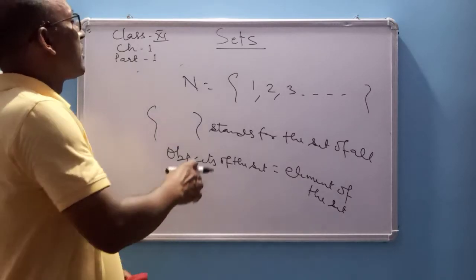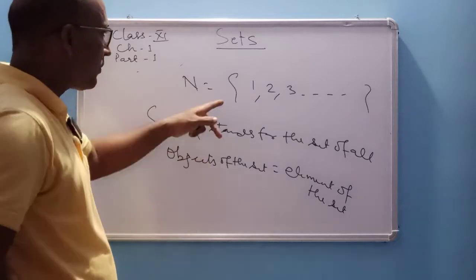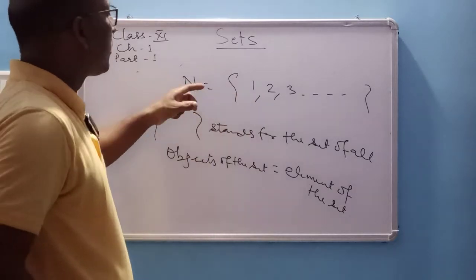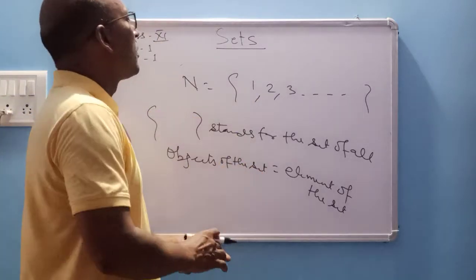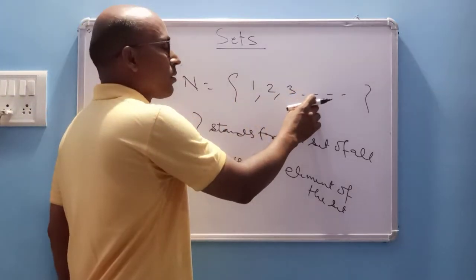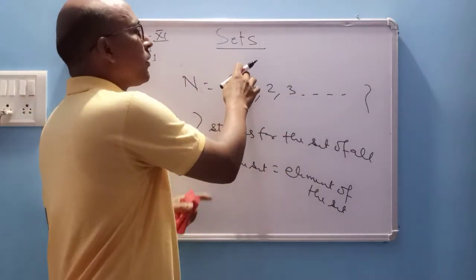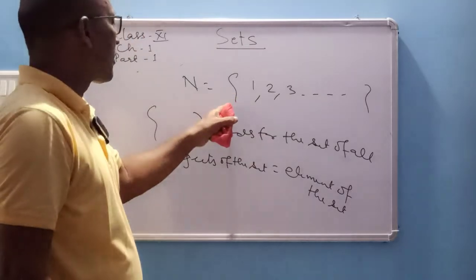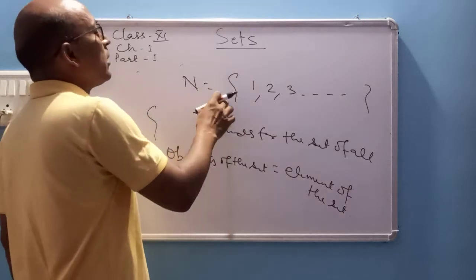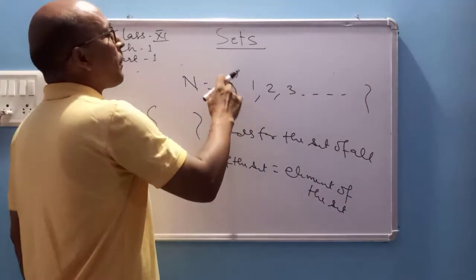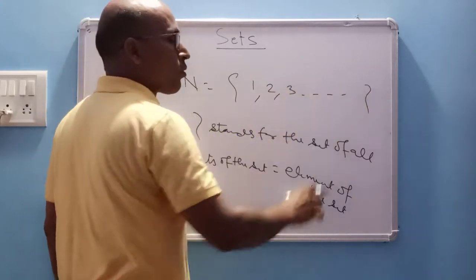Means the set is represented like this, where the objects, which are also called the elements of the set, are separated by commas and enclosed within the braces, which stand for the set of all. So we read it: the set of all numbers like 1, 2, 3 and so on.